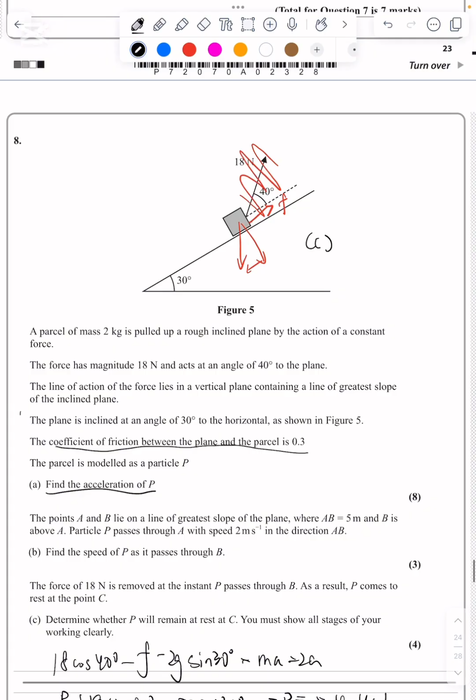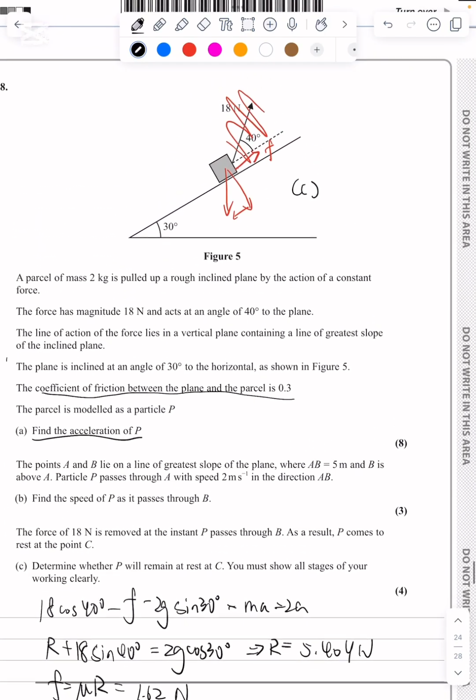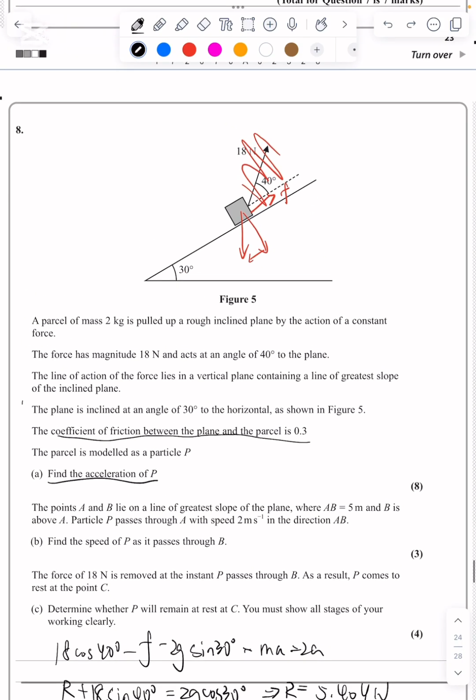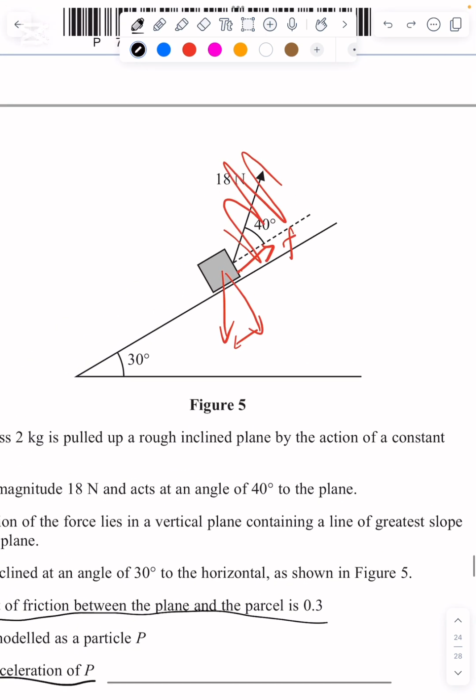Part C. What was the friction? Wait, do I have to calculate it all again? Yeah, since the 18 newtons is removed, that means R is different. That means we have to calculate R again.